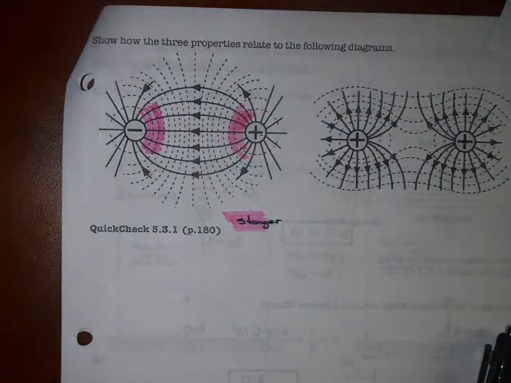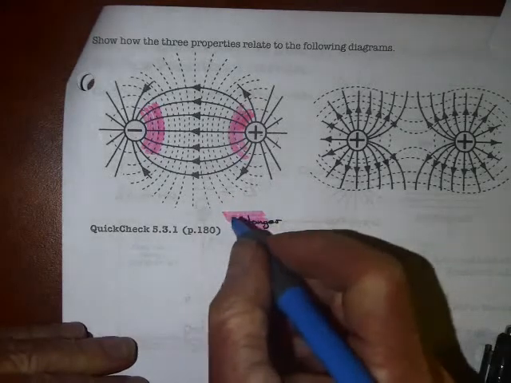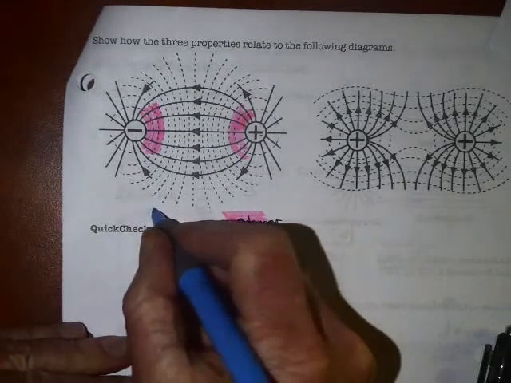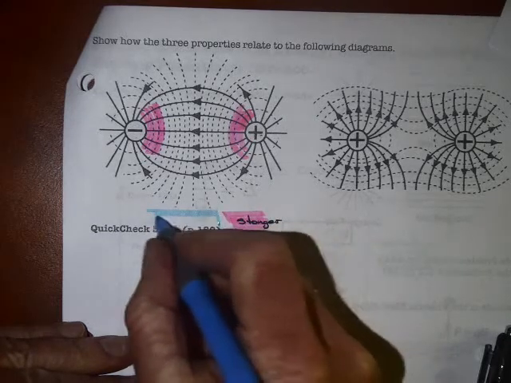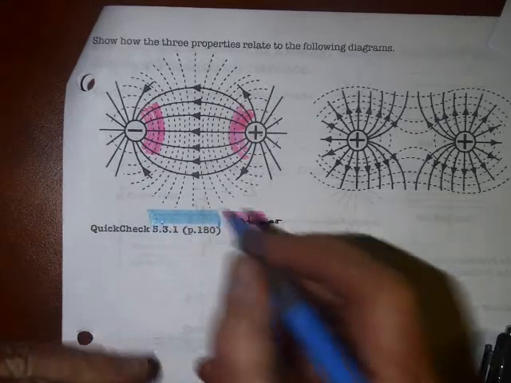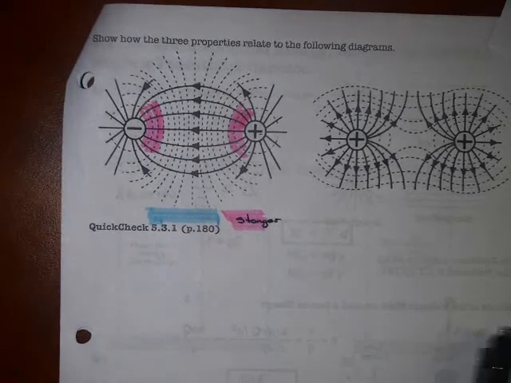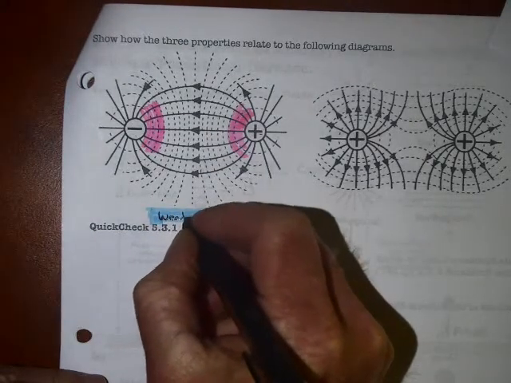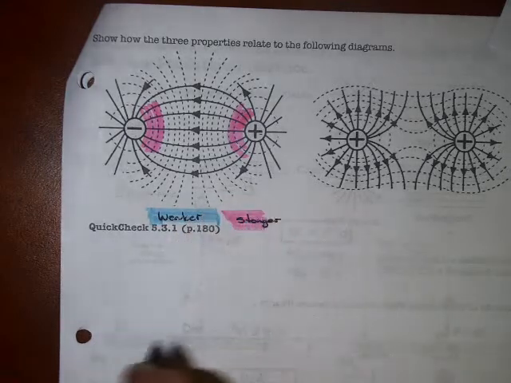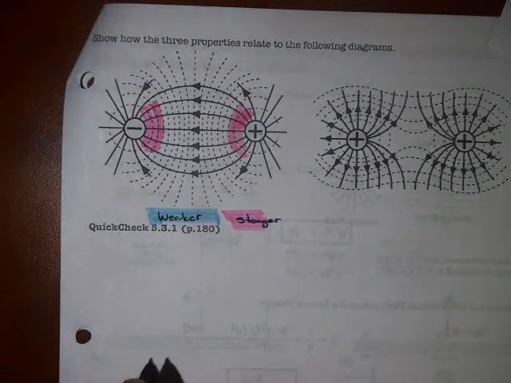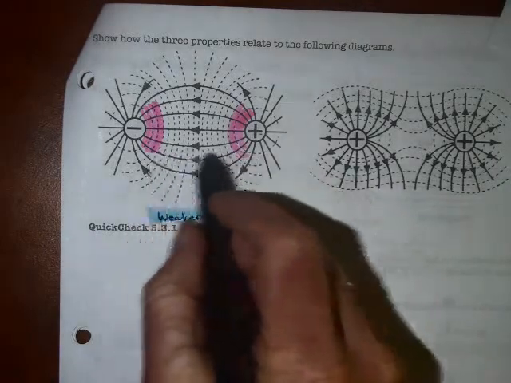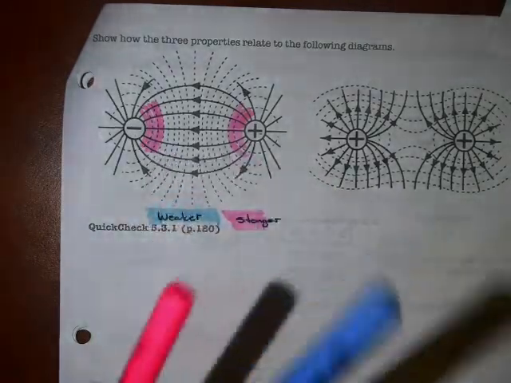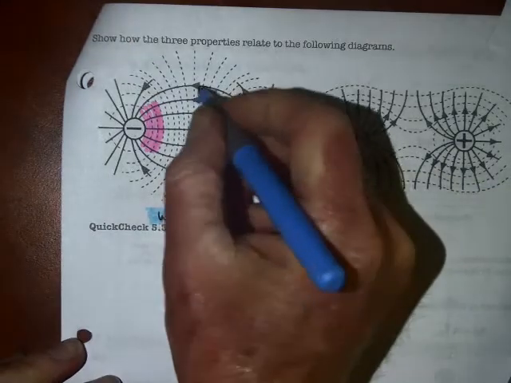And then in the middle, this is weaker. Oh sorry, this weaker would be in here.